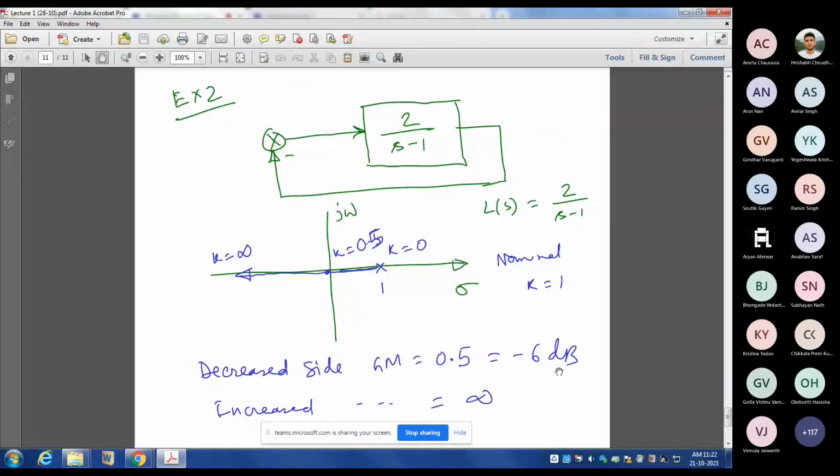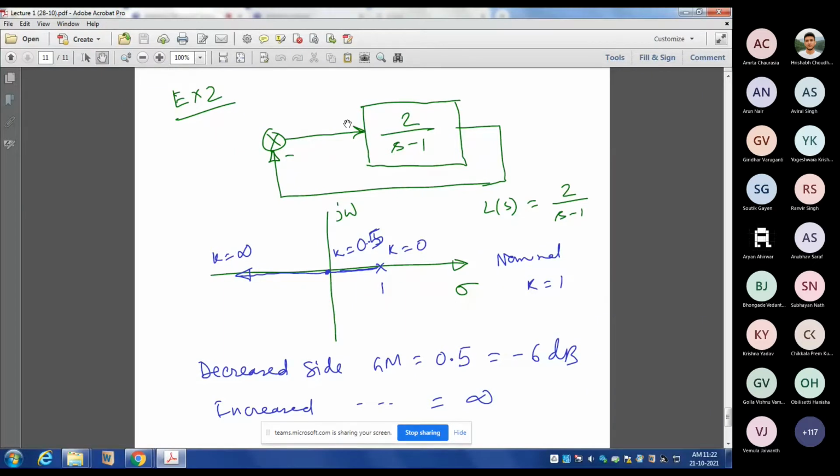For example, for this plant, the minimum gain that is needed to make the system stable is 0.5. That means for gain k greater than or equal to 0.5, the system remains stable.